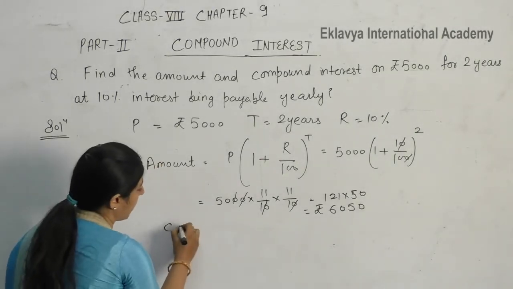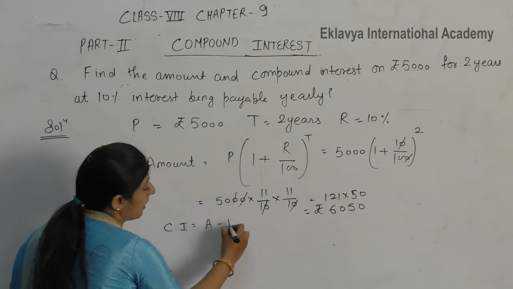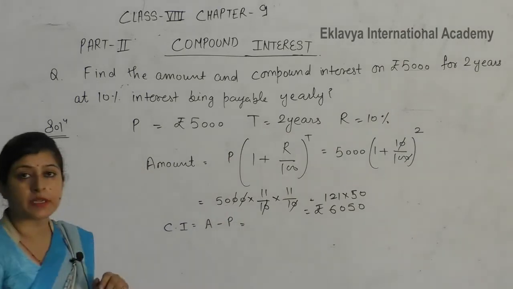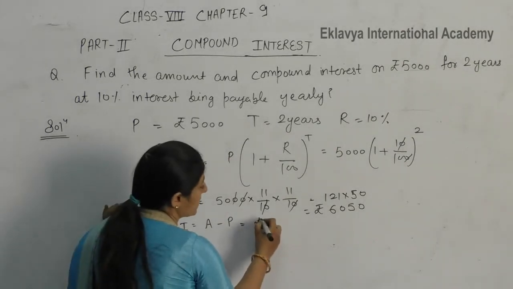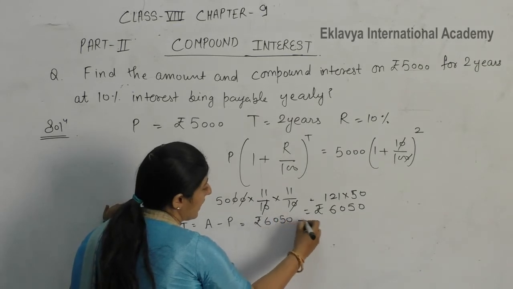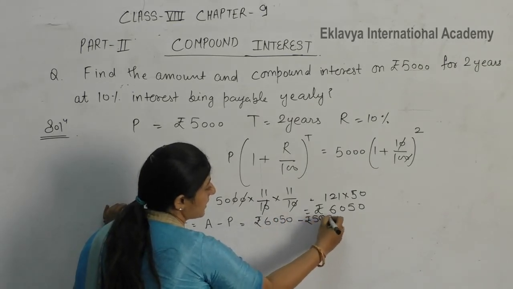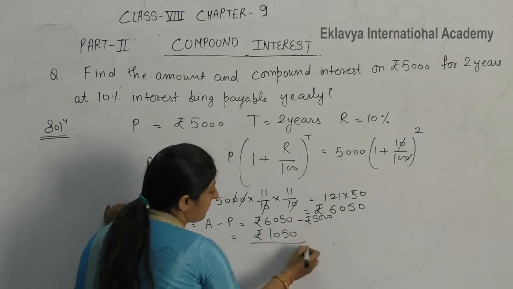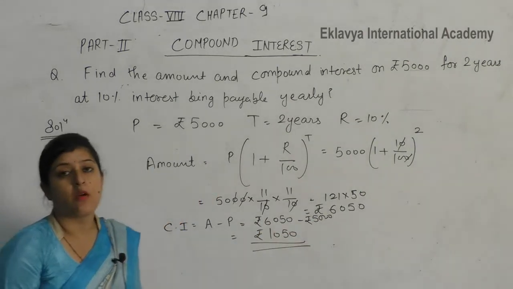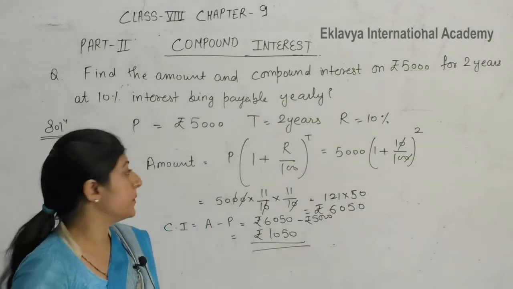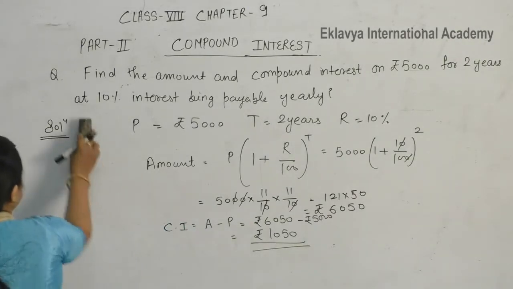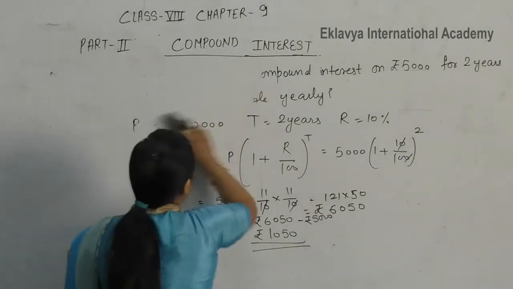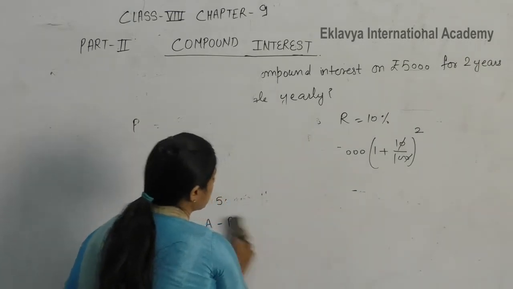Now compound interest is equal to amount minus principal. Amount is rupees 6050 and principal is 5,000. It means compound interest is rupees 1,050. So in this way we can very easily solve our questions related to compound interest.